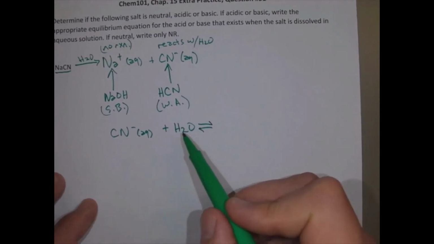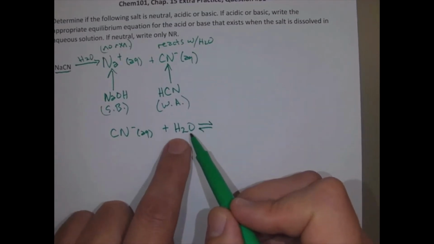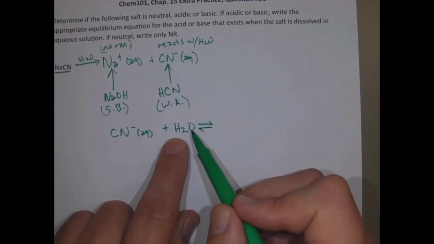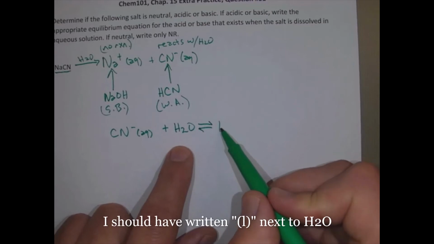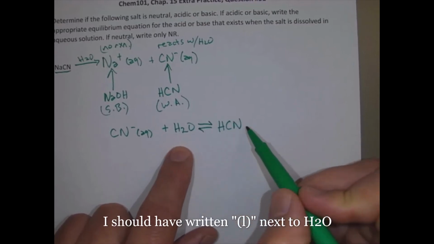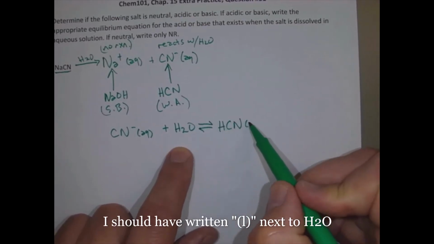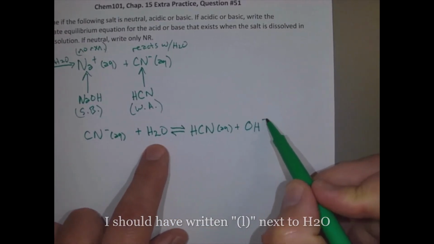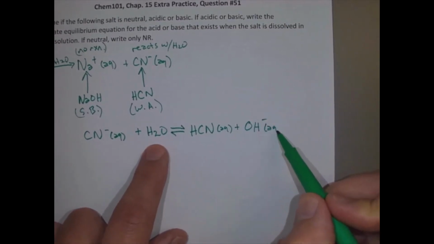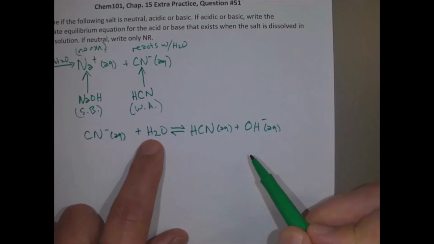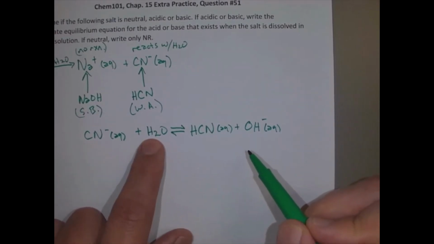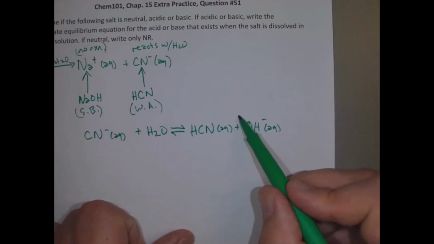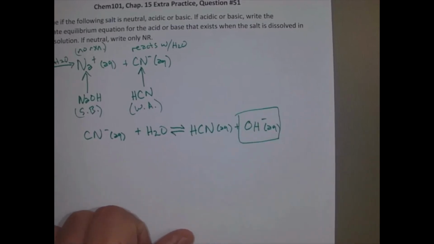And what do bases do? Bases will accept an H+. In this case, it's going to accept an H+ from the water to become HCN, aqueous. And what's left over from the water is hydroxide ion, because it ripped a hydrogen off of this water molecule. So we get left over with hydroxide ion.